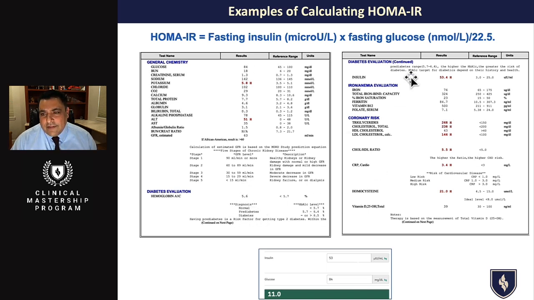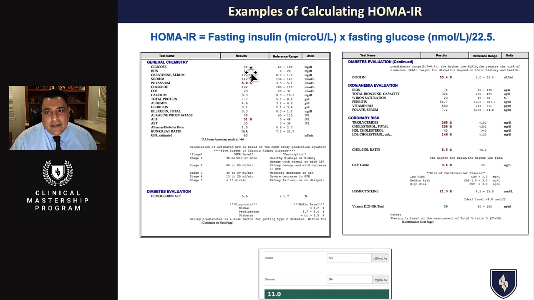Now in this scenario, fasting insulin was done, and look at the fasting insulin, it's 53.4. So this is clearly insulin resistance here, okay? When the insulin is this high, you know they have insulin resistance unrelated to their fasting glucose level.